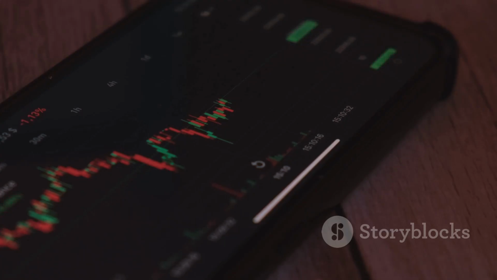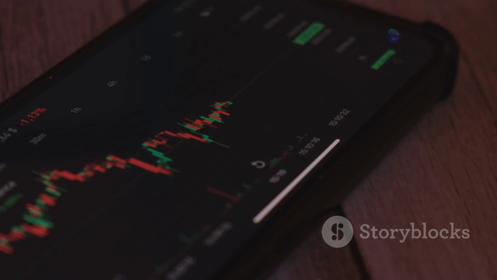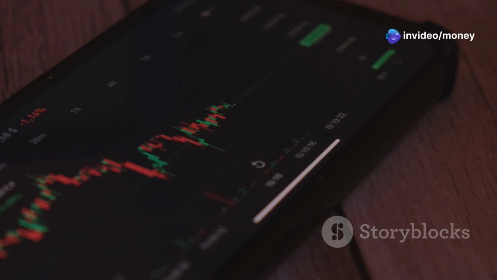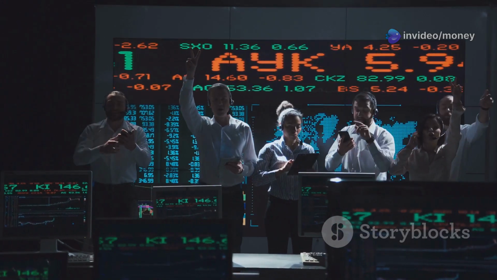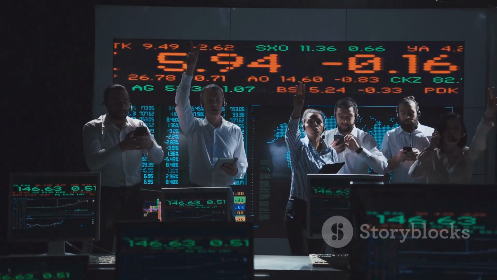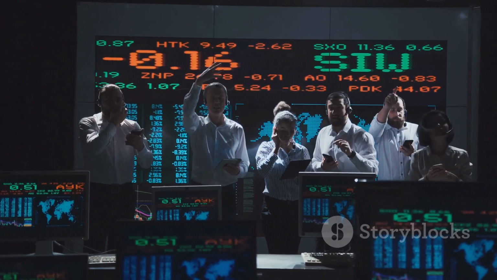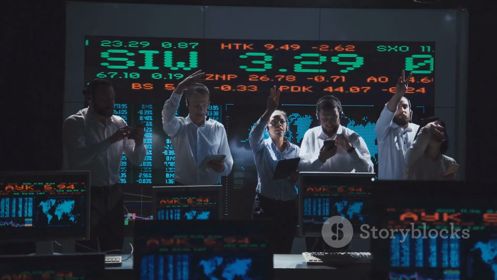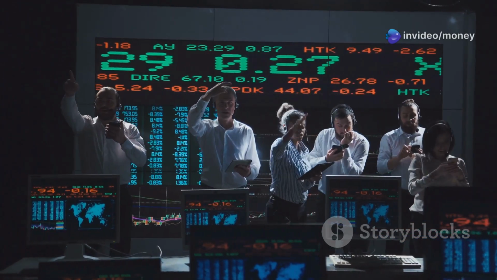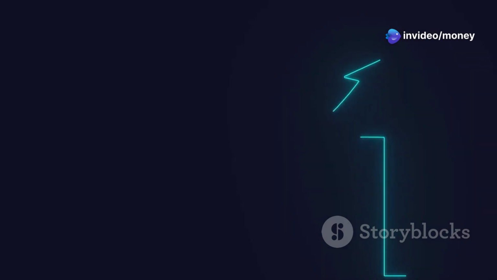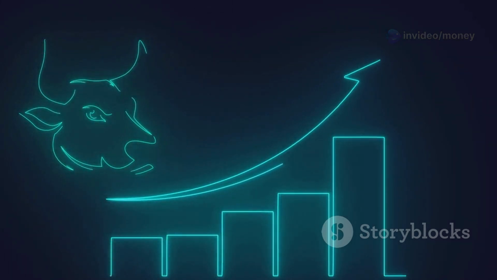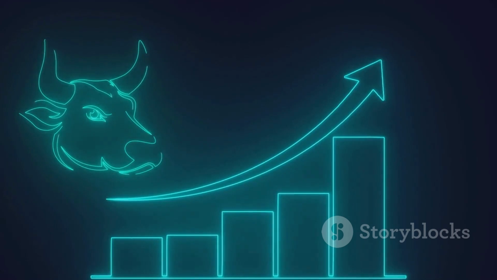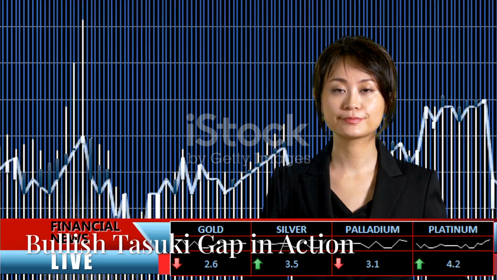The next candlestick opens within the gap but then rallies, closing above the midpoint of the previous candlestick, effectively filling a portion of the gap. This price action indicates that the selling pressure might be waning as buyers step in, eager to capitalize on what they perceive as an oversold market. The bullish candlestick closing above the midpoint of the previous candlestick further reinforces the bullish sentiment, suggesting that the bulls are gaining control.